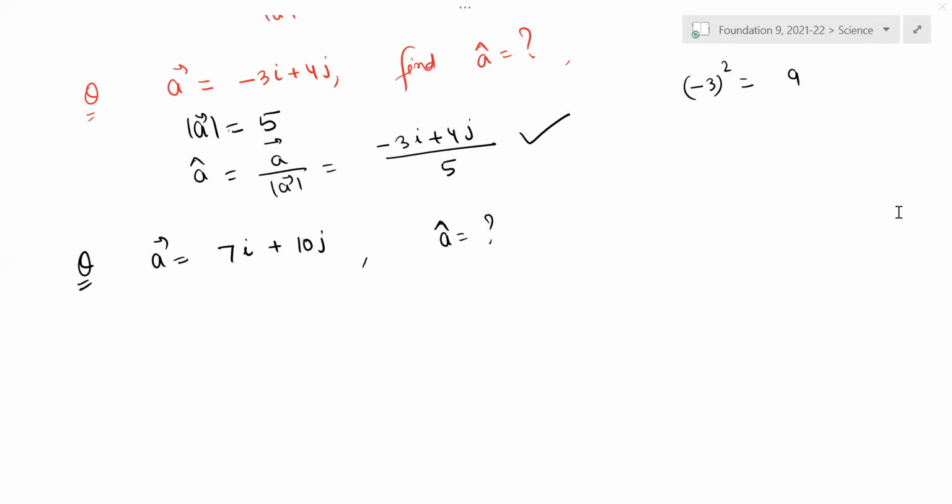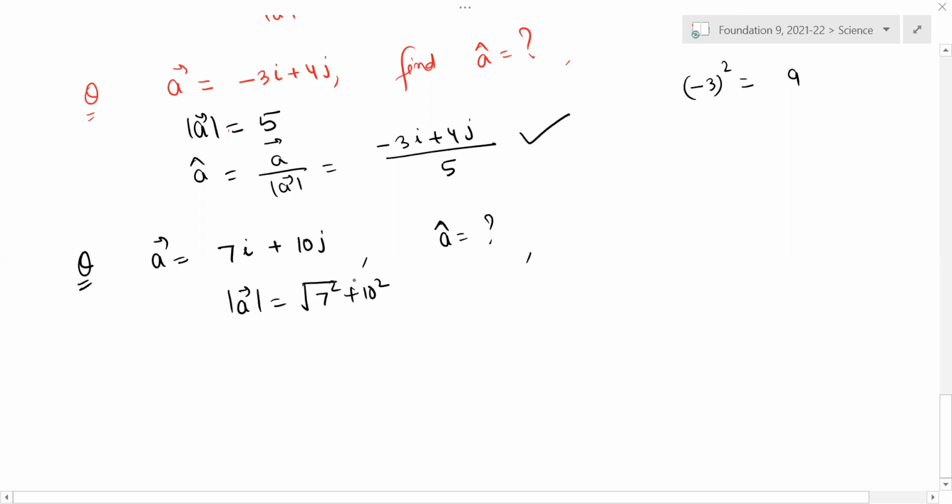Piyush right. Kavya right. Very good. Pranav also right. Same method, beta. Mod a will be how much? 7 square plus 10 square. If you solve, it comes to the square root of 149. A cap will be how much? A vector upon mod a.